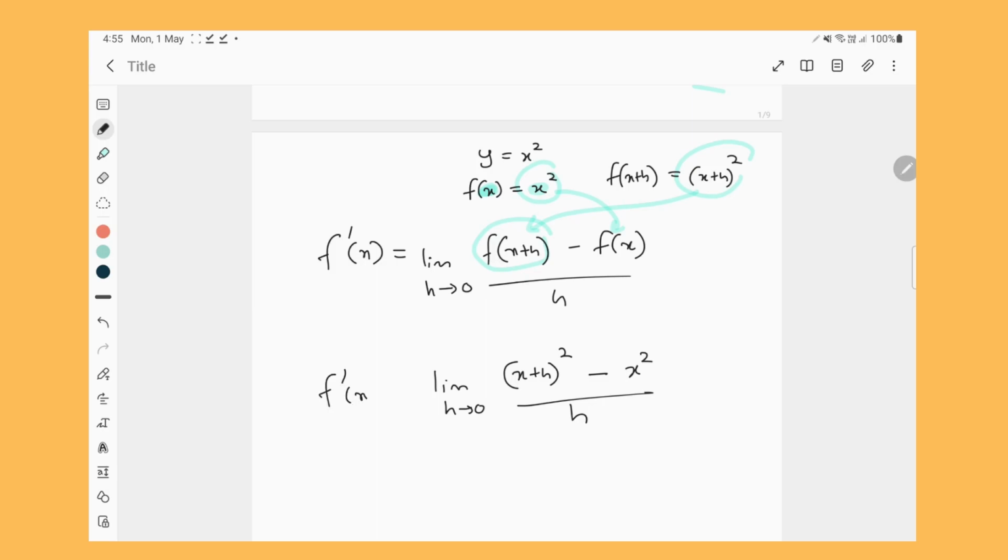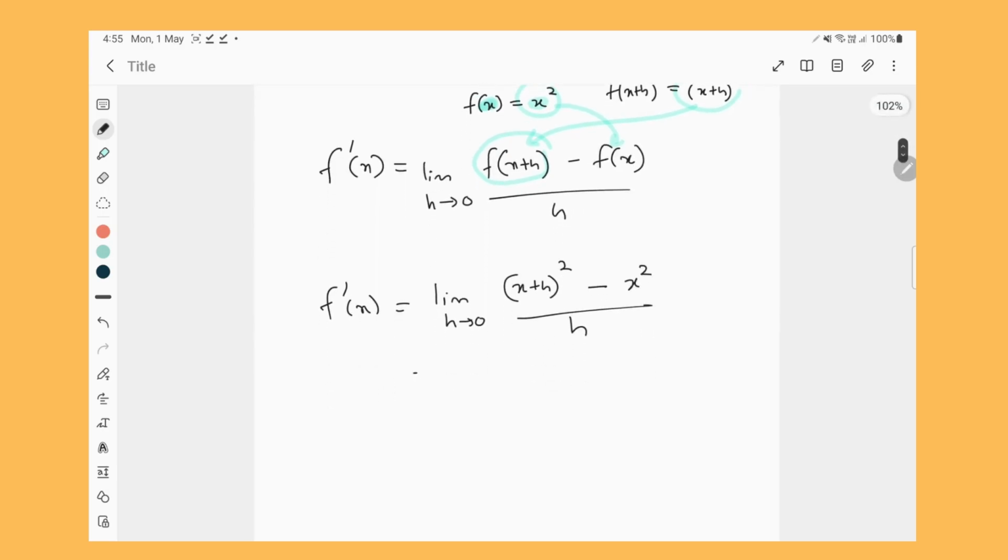So this is the differential. So let's continue expanding these terms. x squared plus 2xh plus h squared minus x squared. So what I did here is I just expanded this bracket. If you don't know how to expand, it's like this.